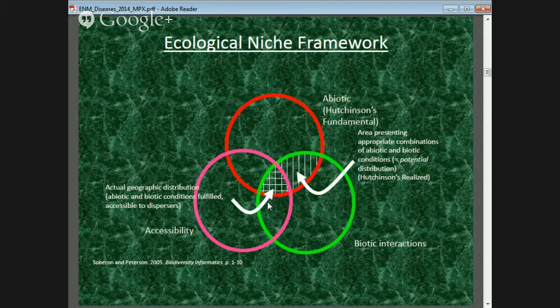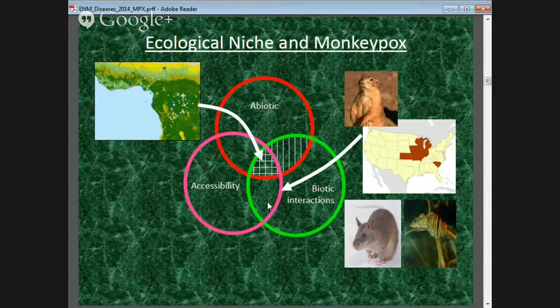And in this case, when we look at monkeypox, we have a picture similar to this, in which all these points in the map come from or represent the realized niche, which is the intersection of these three major factors: abiotic conditions, mobility, and biotic interactions of the virus with its components.